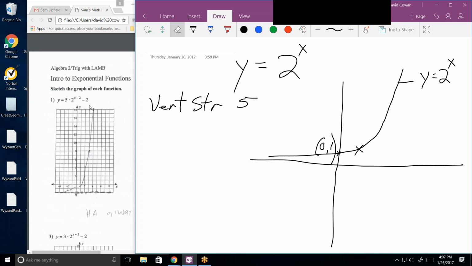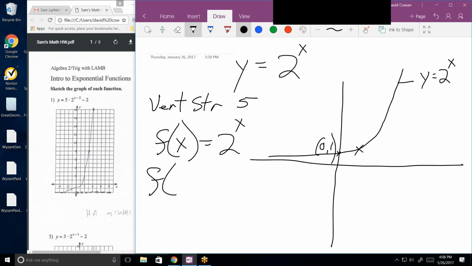Let me go back to my original parent function and call it f of x. So f of x is equal to 2 to the x. Well, what would f of x minus 2 be? It'd be 2 to the x minus 2.